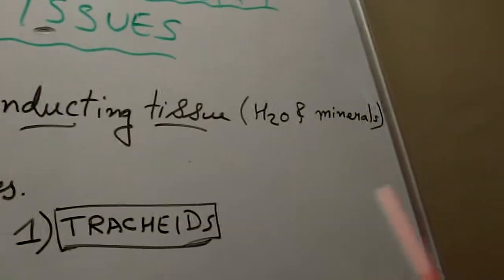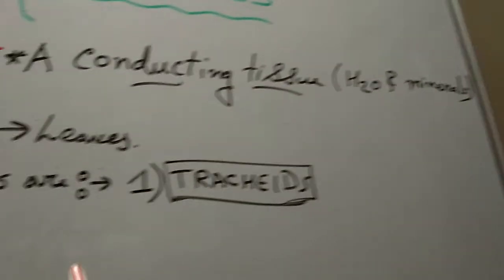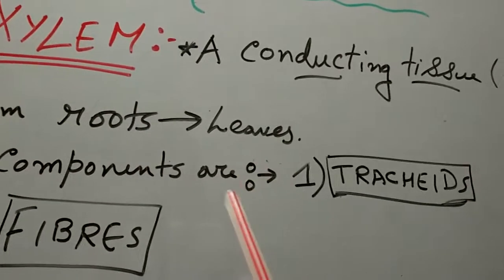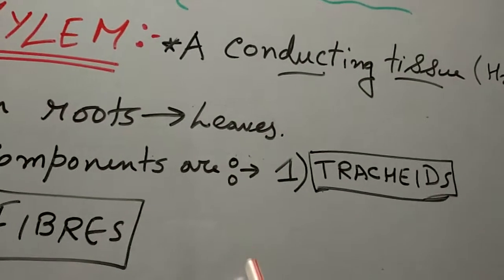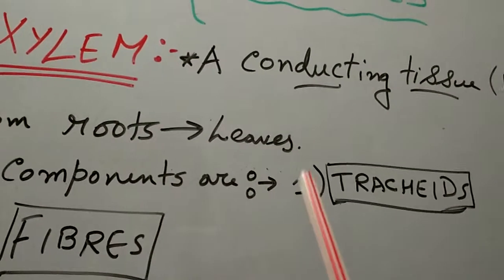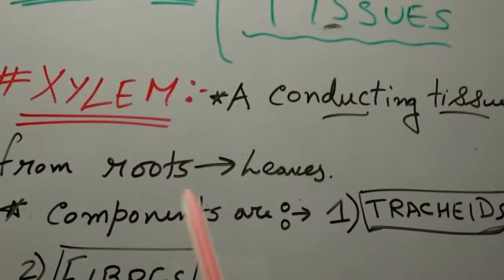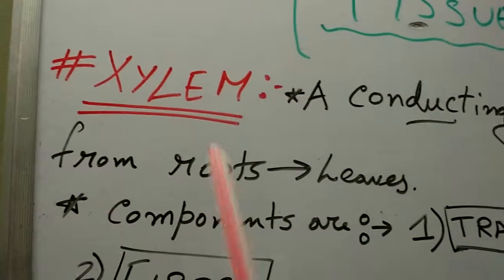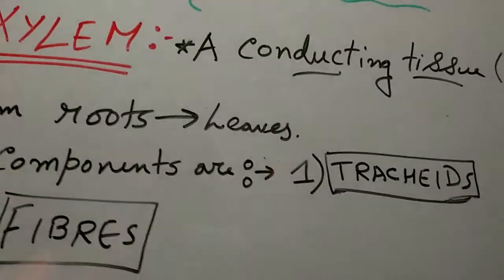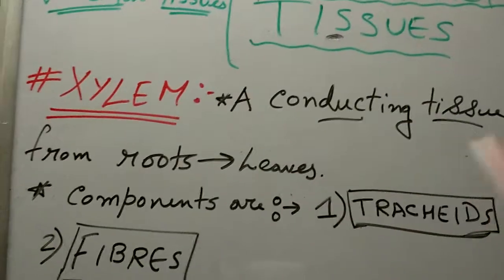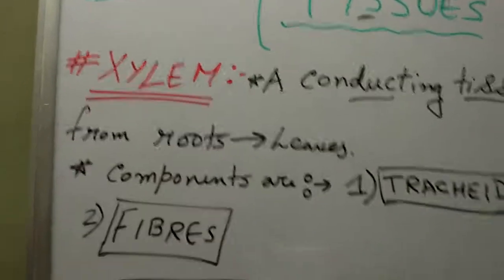These are needed for photosynthesis and for biochemical processes carried out in leaves. So the conduction of water and minerals by the xylem element from roots to leaves is a very important function of xylem.